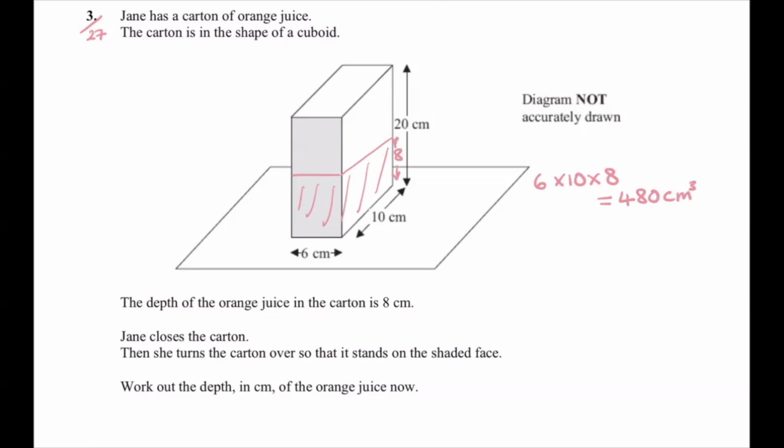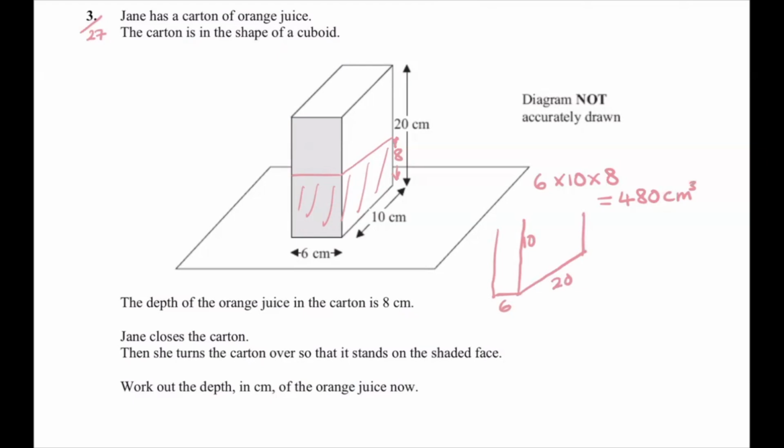Now, when we flip it, and this takes a little bit of visualizing, we will have 6 along the bottom and 20, and we will be 10 high. And I could put a little bit more into my diagram so that I can kind of see the carton a little bit.